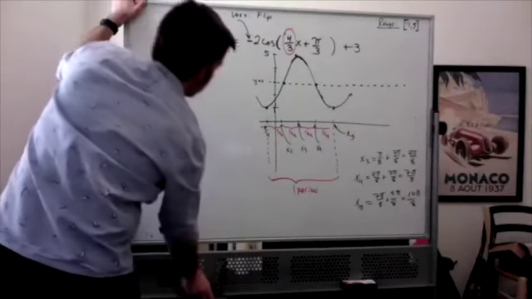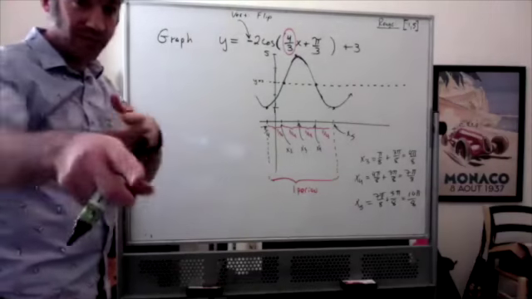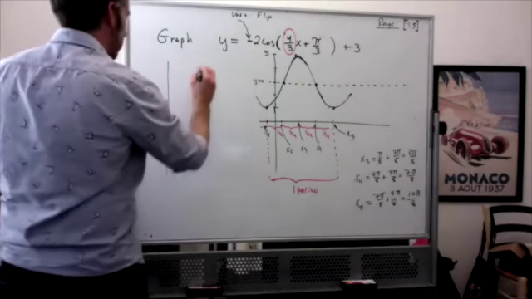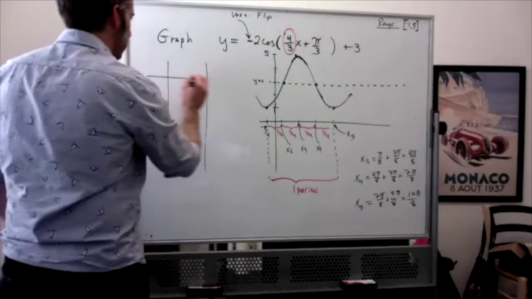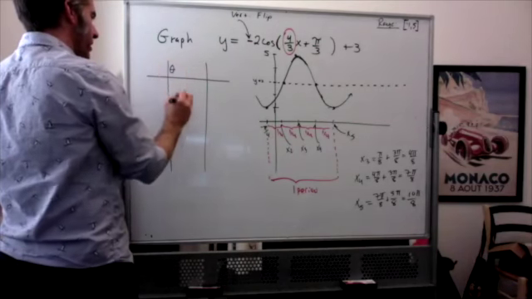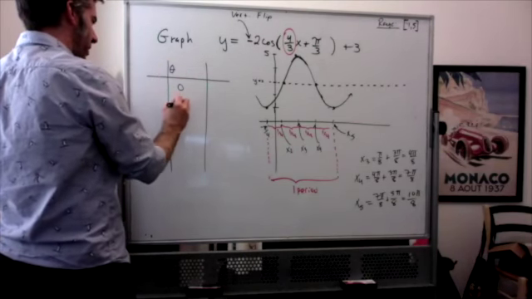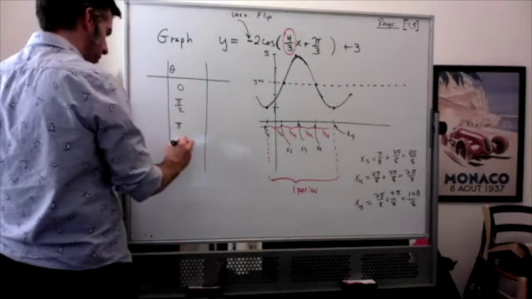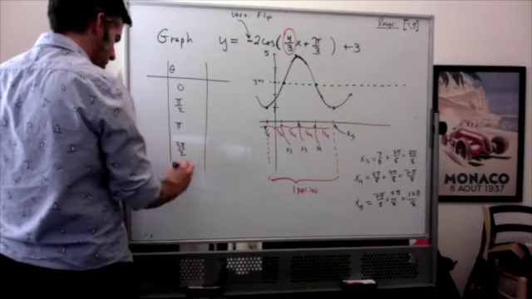We're really using the fact that we want the angles to be those values. We really want our angle, and I'm going to call it theta for a second, we really want theta to be 0 and pi over 2 and pi and 3 pi over 2 and 2 pi.